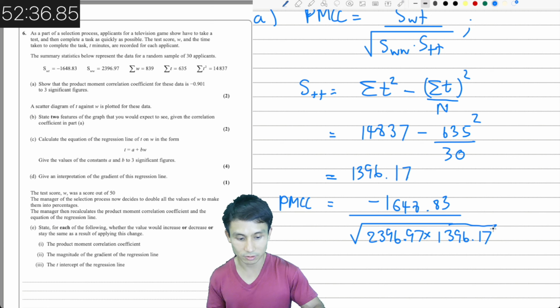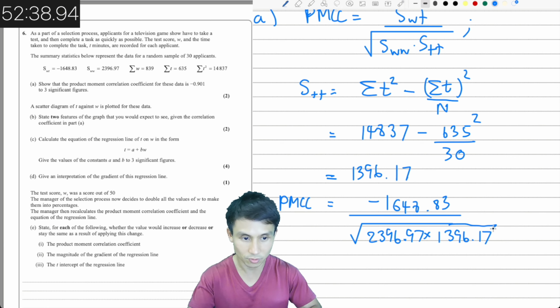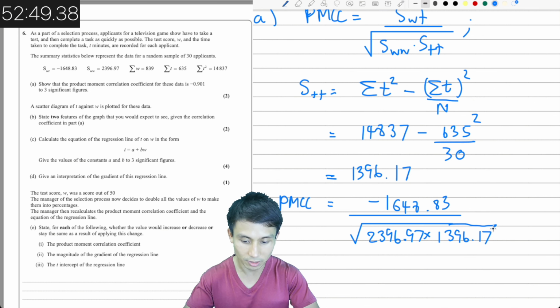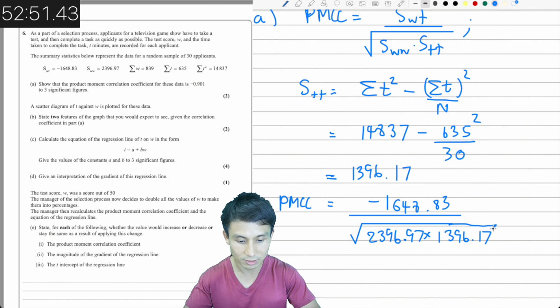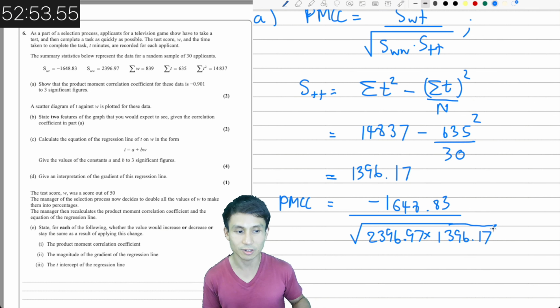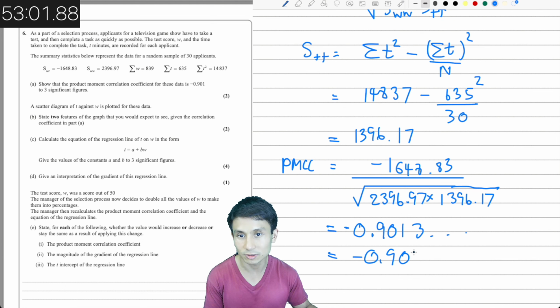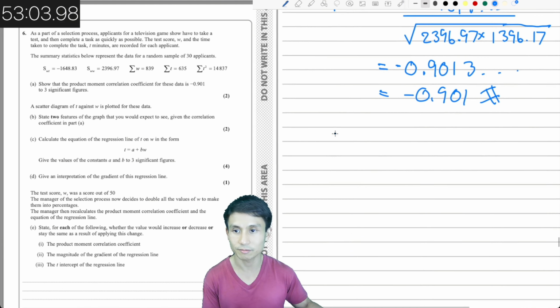Okay, I'm just going to use the calculator here. So minus 1648.83 divided by square root of 396.9397 times answer, because that was STT. And yeah, minus 0.9013 and so on, which is minus 0.901 as required.